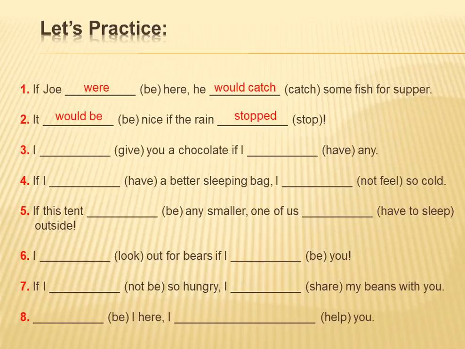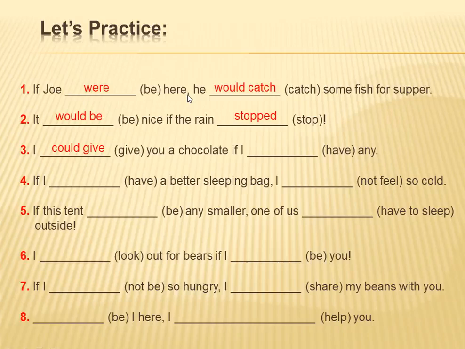Past simple in the if clause, and would in the main clause. If the main clause comes first, you do not need to use a comma. But if the if clause comes first, you have to use a comma after the if clause. You have to remember this one as well. Number 3, I would or I could?